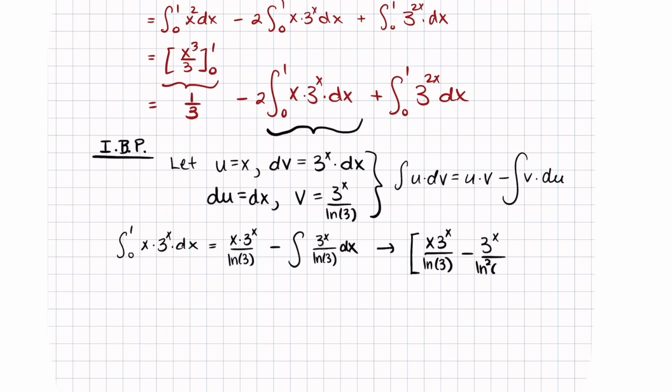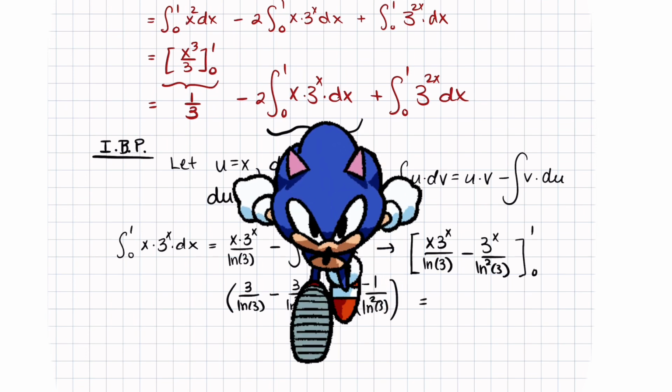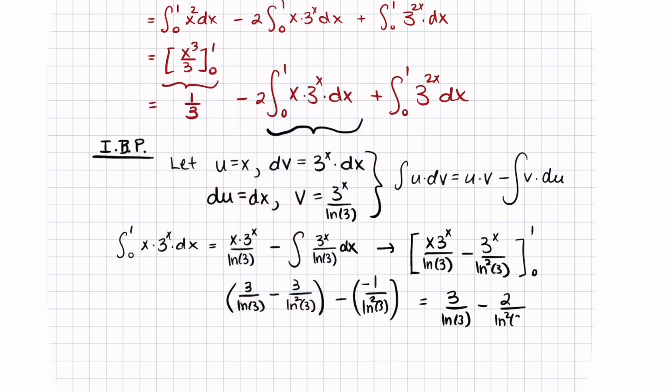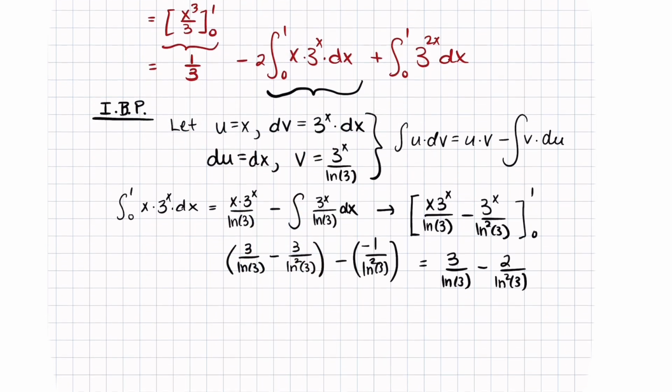This gives us x times 3 to the x over log 3 minus 3 to the x over log squared of 3. Okay, so it's going to be evaluated from 0 to 1. So first evaluating at 1 minus what we get when we evaluate at 0 works out to be 3 over log 3 minus 2 over log 3 squared.